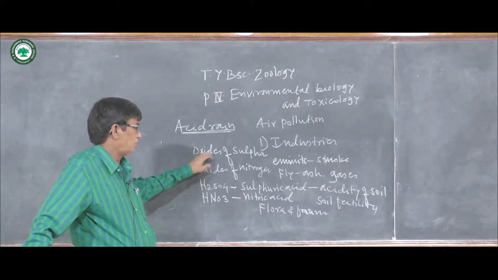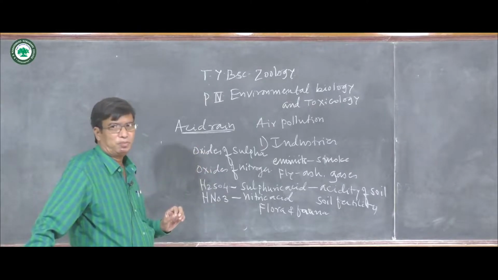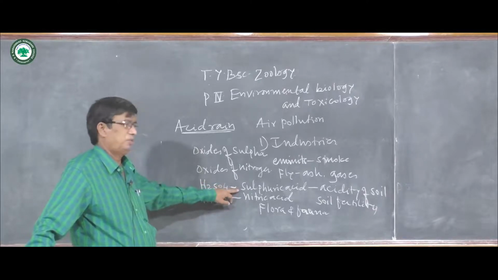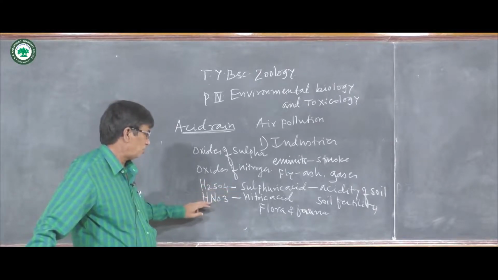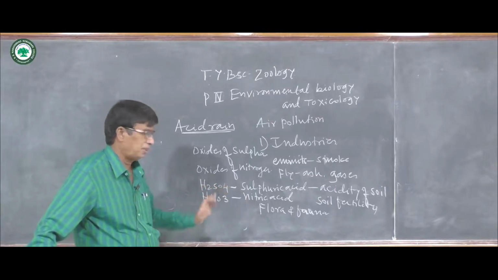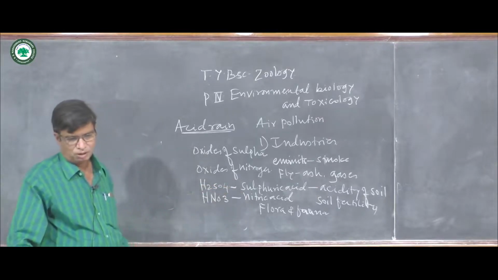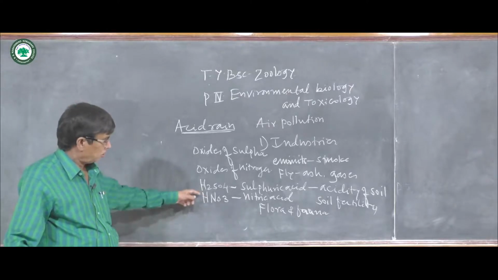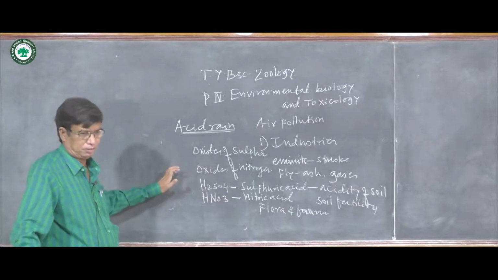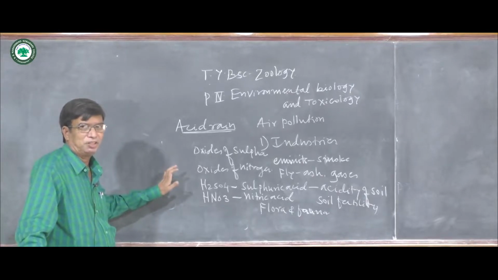Oxides of sulfur form sulfuric acid and oxides of nitrogen form nitric acid. They are released into the atmospheric air by various industries.